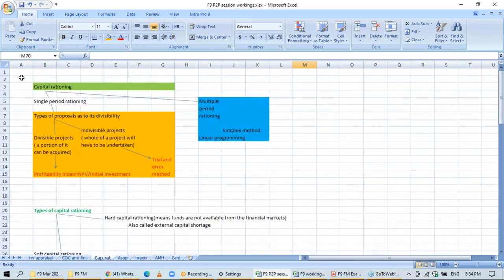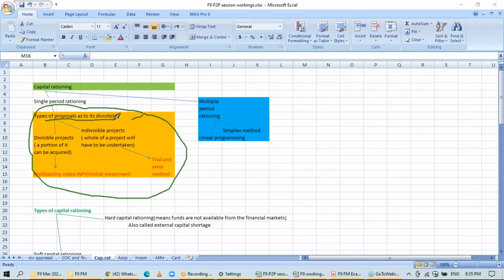Now you can see on the screen a small table that discusses the rule I discussed a few minutes earlier. Please look at the golden block displayed on the screen. In the golden block, you can see two things: types of proposal as to its divisibility.